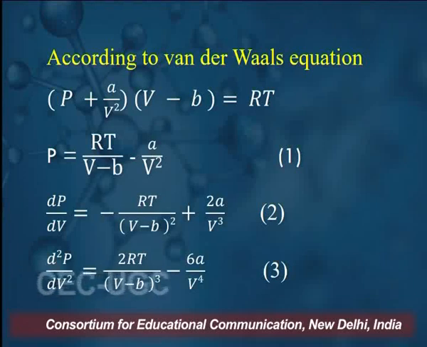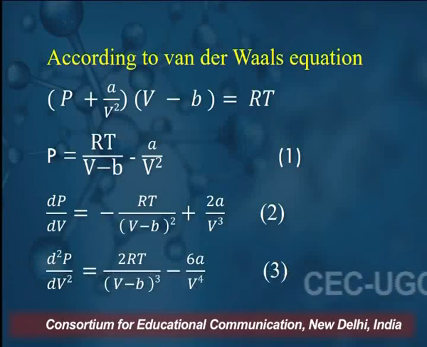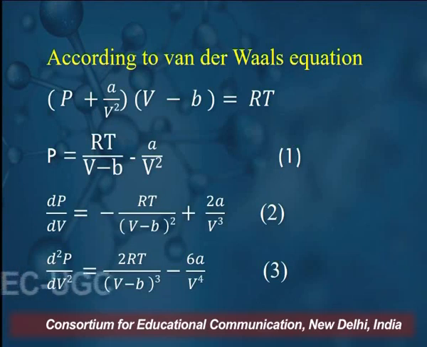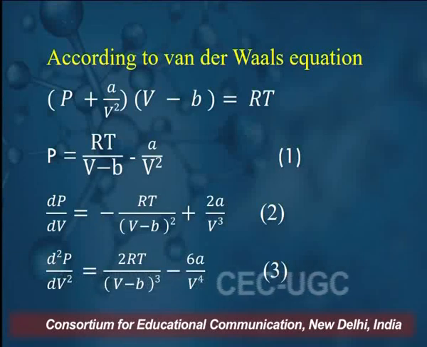Differentiating equation 1 with respect to volume, we get minus RT over V minus b whole square plus 2a by V cube. Doubly differentiating with respect to volume, we get d2P by dV2 is equal to 2RT over V minus b whole cube minus 6a by V4.